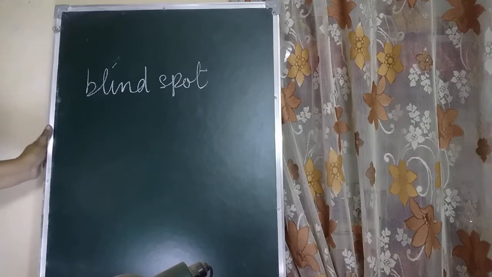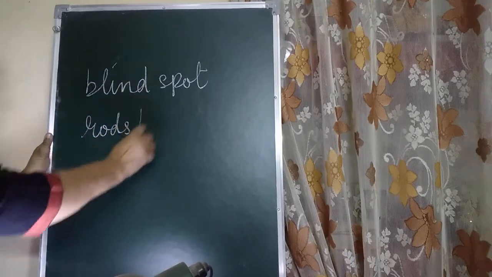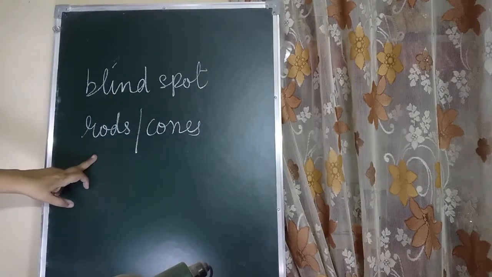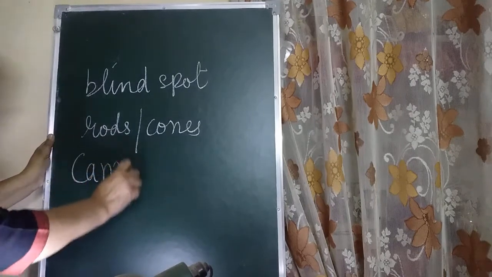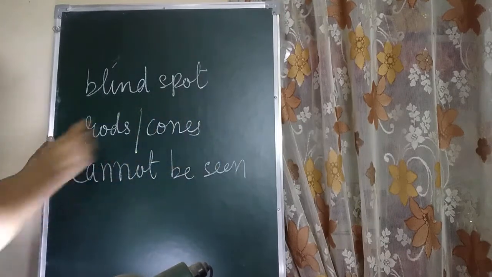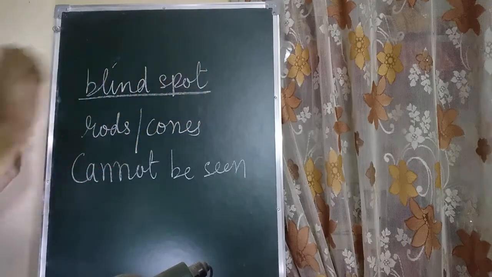This portion does not have any rods and cones, and images falling on this portion of the retina cannot be seen, children. This portion is known as a blind spot.